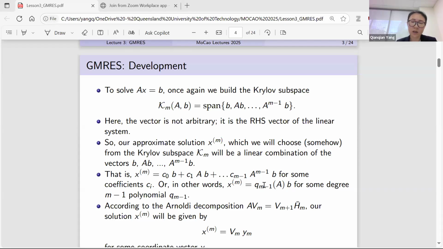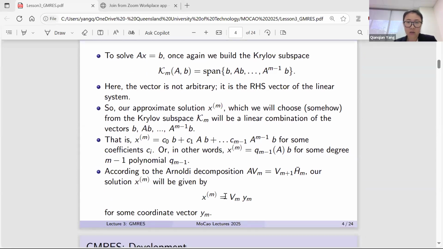Now, according to our Arnoldi decomposition from last lecture, after the Arnoldi decomposition you get two matrices: one is V_m, and the other one is H bar m. All the columns of V_m form an orthonormal basis of the Krylov subspace, and H bar m has m plus 1 rows and m columns. We have these two matrices after the decomposition.